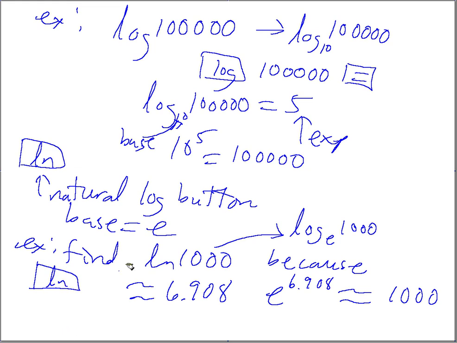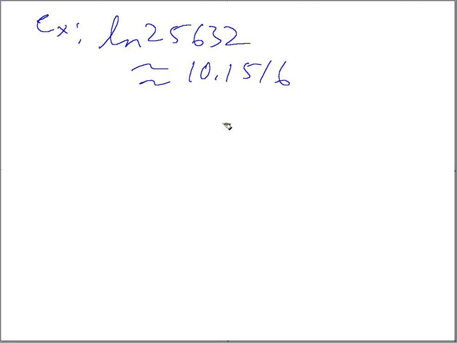So let's try another one with the ln button. We're going to clear out the screen. Let's find ln of 25,632. What is that in the calculator? So I'm going to get roughly, let me round it off to 4 decimal places, 10.1516.